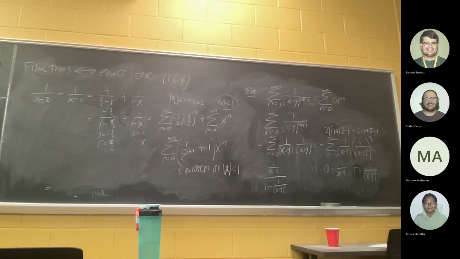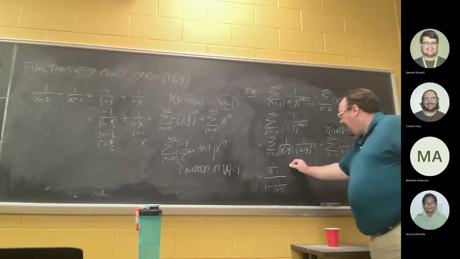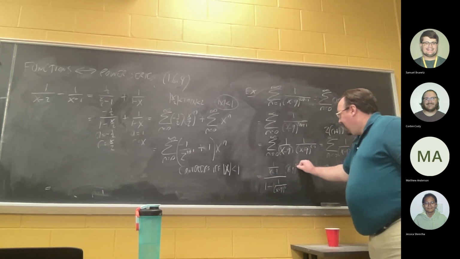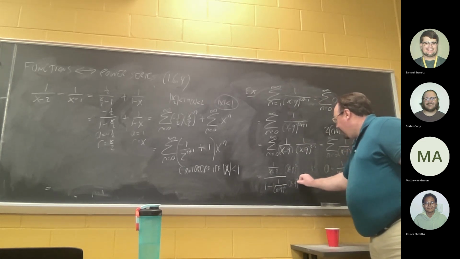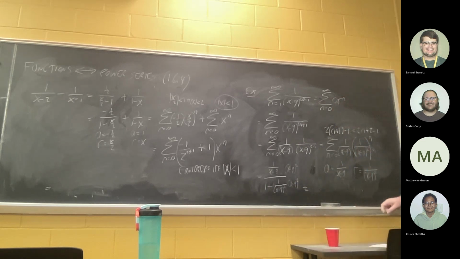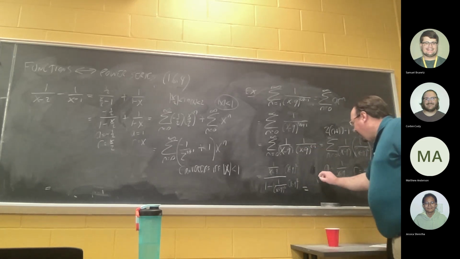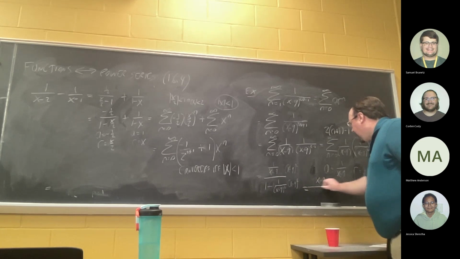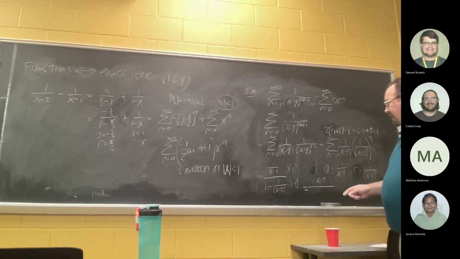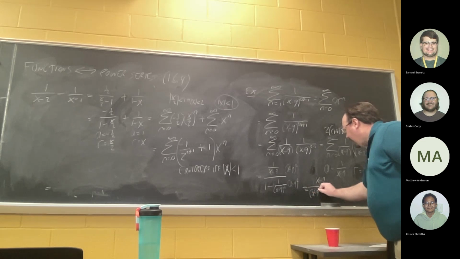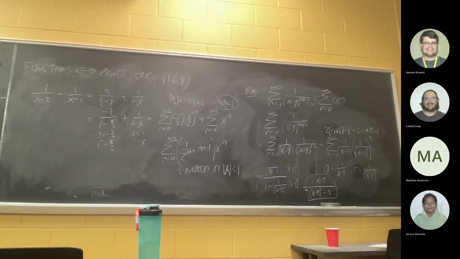The easiest way to make this nicer is to multiply top and bottom by x minus 9 squared. Up top, I have x minus 9 squared over x minus 9, so that's just x minus 9. And down below, I'll have x minus 9 quantity squared minus 1. So this is my function that's represented by this power series.